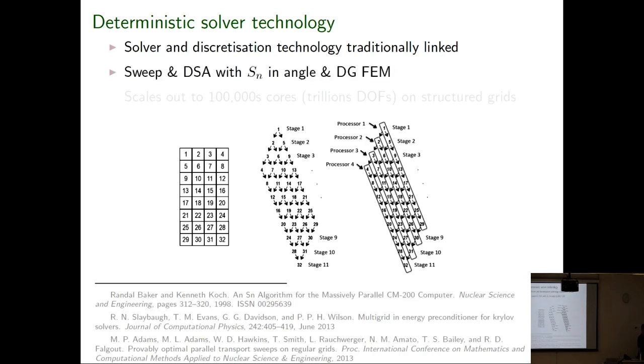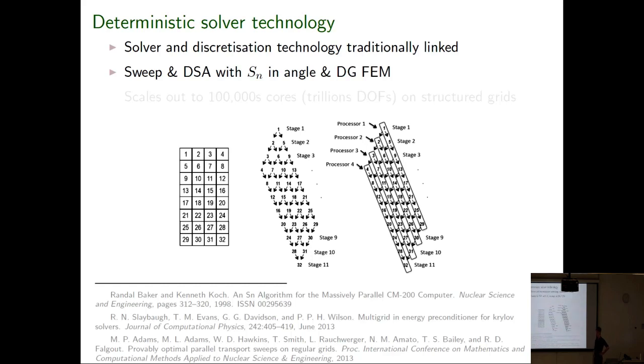So if you've ever done any radiation transport, you might have seen that really the only thing that works and scales is doing DG finite element in space, doing a collocation scheme in angle, or a P0 finite element / finite volume. Because if you can do that, then you've got a series of discrete directions in angle.